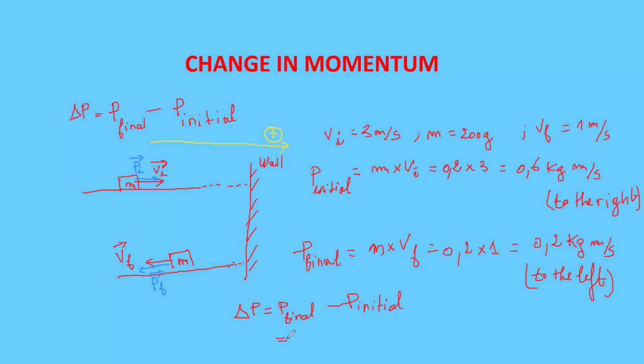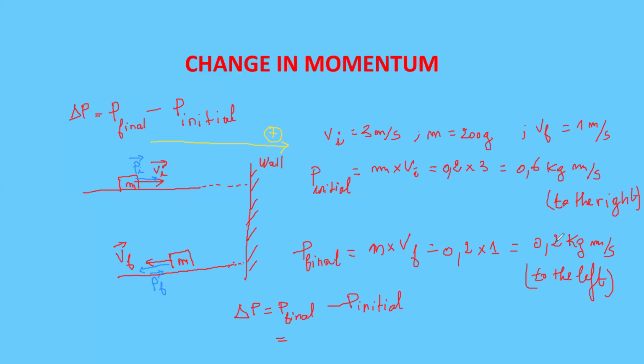Here, the final momentum is directed to the left, so it's opposite to my arbitrary choice of direction. I made a choice that the positive is to the right. However, the final momentum is to the left.